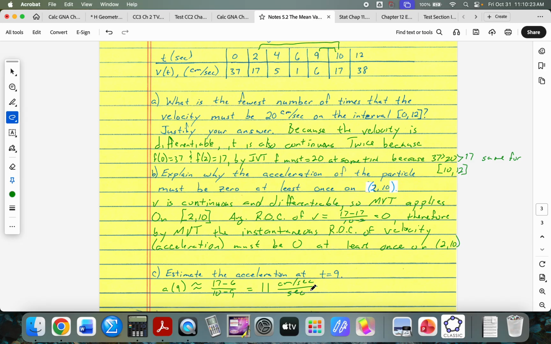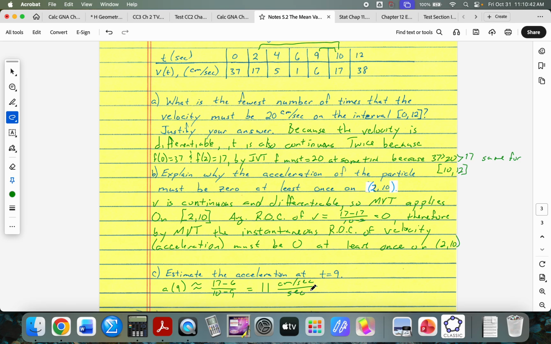You get a very different approximation if you do the interval from 6 to 9 or the interval from 6 to 10. And that's okay, because they asked for an approximation. Again, I think this is the best one because it's the smallest interval that I can use that contains 9.